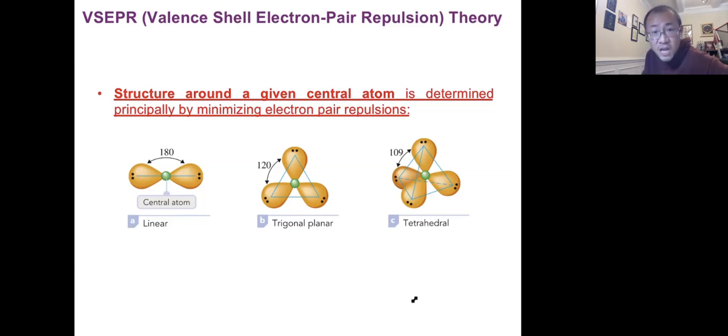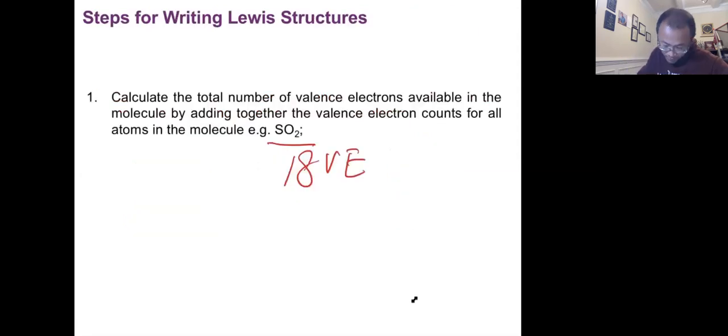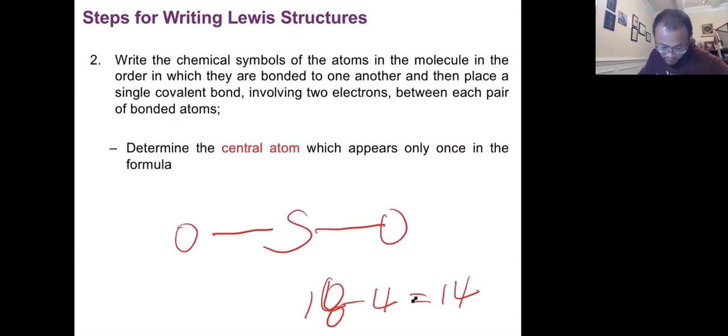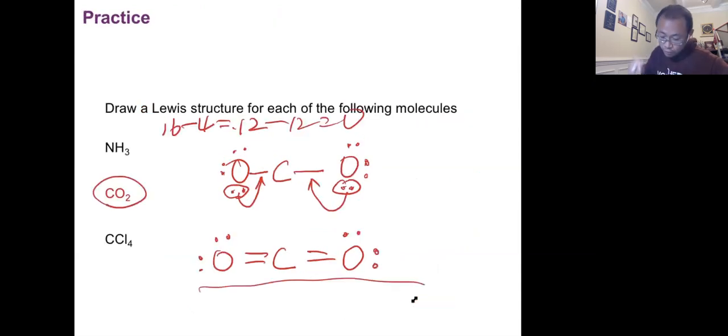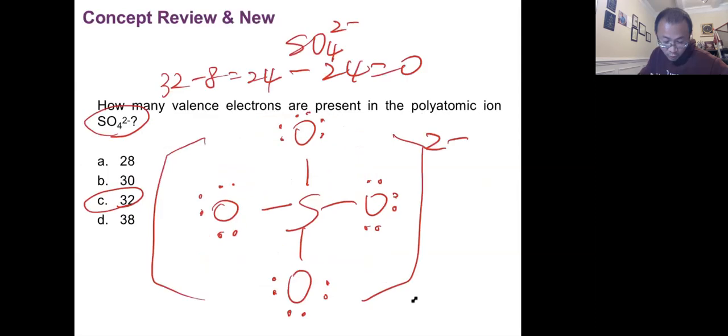The theory is based on the structure around the central atom. On the central atom, if you take a look at the structures we have drawn before, this is the Lewis structure for SO2, this is the Lewis structure for CO2, this is the Lewis structure for that one, no matter which one.